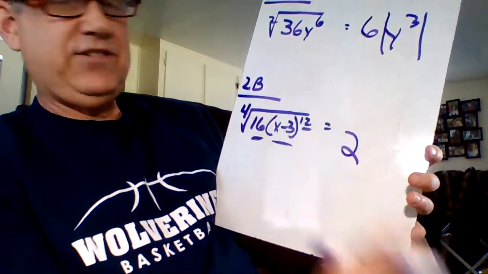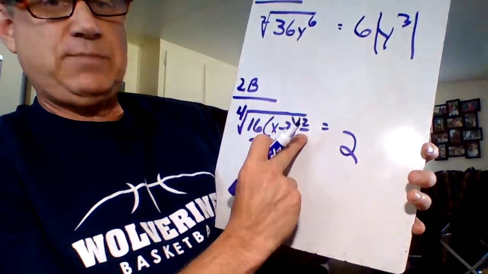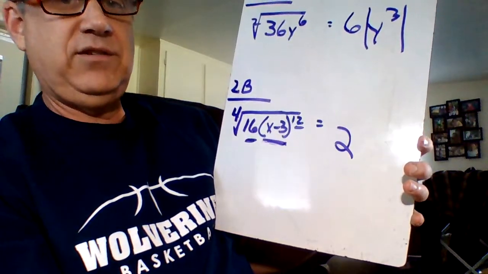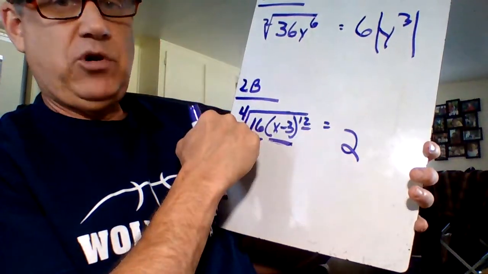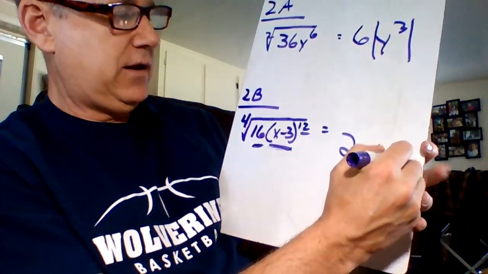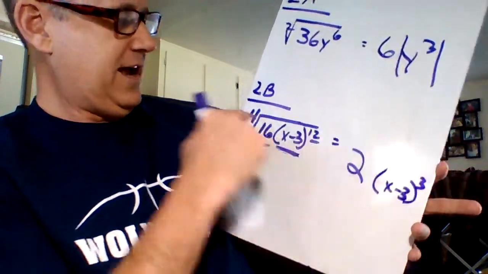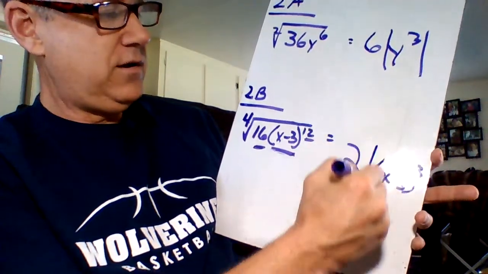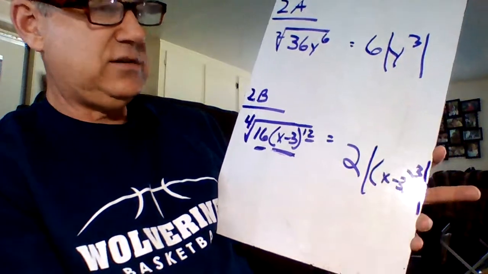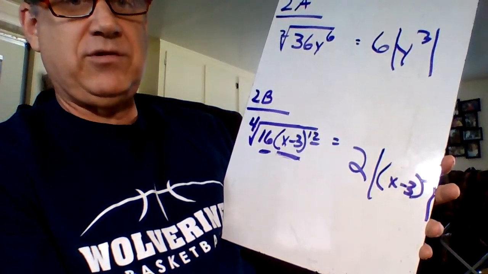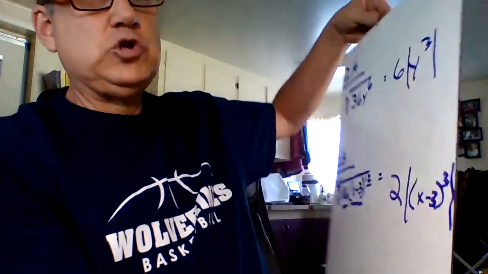All we're looking at is this, because this exponent applies to everything in there with those parentheses. 12 divided by 4 is 3. Again, even root, even power. We have to put this in absolute values.